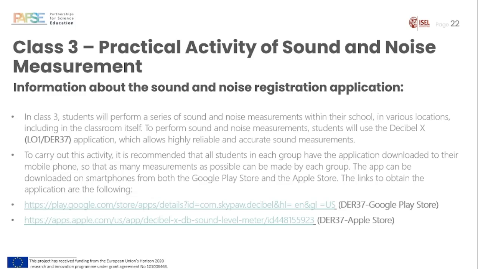So, it is recommended that all students in each group have the application downloaded to their smartphones so that as many measurements as possible can be made by each group. So, with more students having this application, more sound measurements can be done within each group.